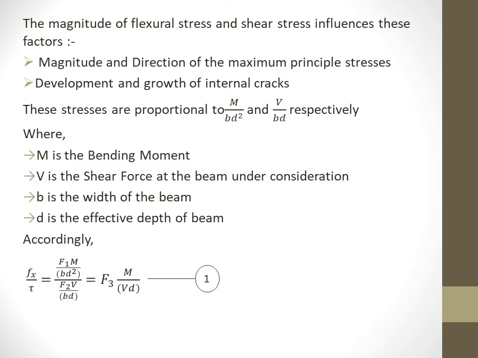The flexural stress and shear stress are proportional to M by bd squared and V by bd respectively, where M is the bending moment, V is the shear force at the beam section under consideration, b is the width of the beam, and d is the effective depth. They are affected accordingly, and the flexural stress to shear stress ratio, sigma by tau, is equal to F1 into M by bd squared over F2 into V by bd, which is equal to F3 into M by Vd.